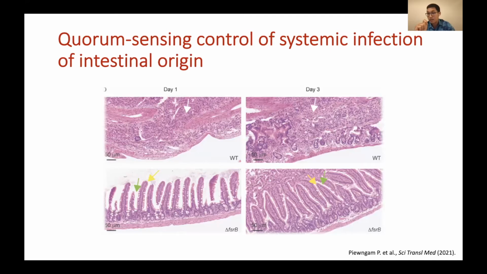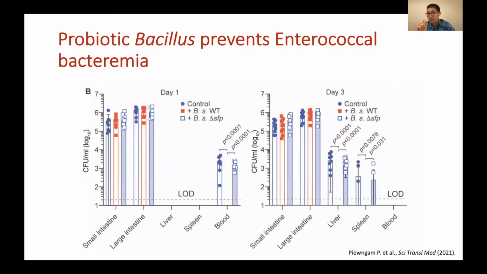Can Bacillus prevent the bacteremia or not? And we found that yes, probiotic Bacillus can prevent enterococcal bacteremia by producing either fengycin or surfactin, the same substances, and those substances can interfere with the enterococcus quorum sensing system and prevent bacteremia.